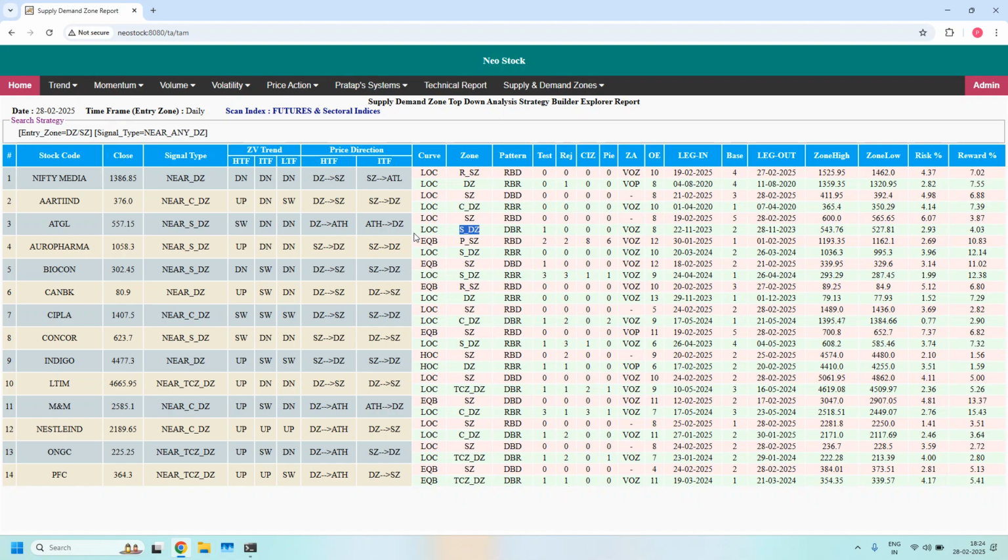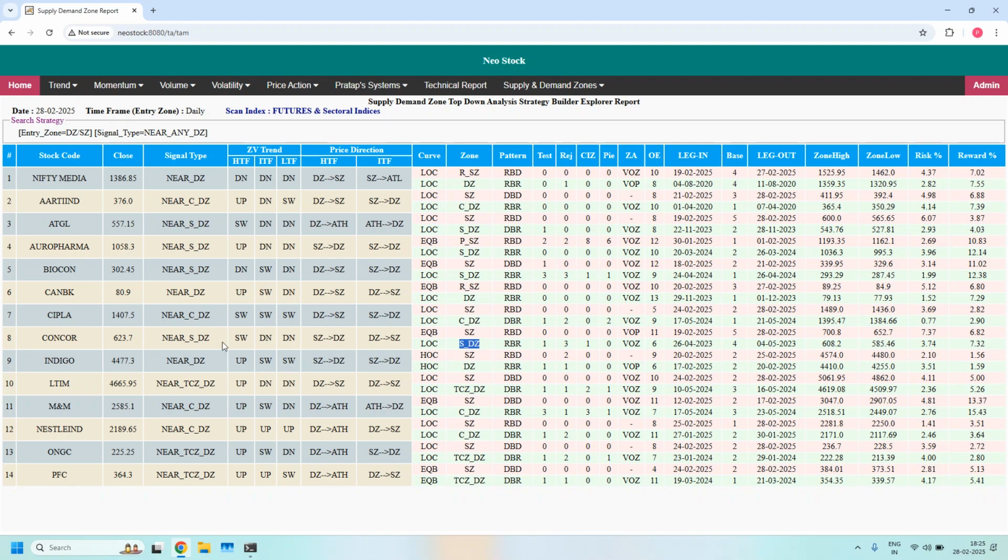Next one is ATGL. Next, Aurobindo Pharma. Biocon is PR, so it is not valid. Cipla is also PR, so not valid.